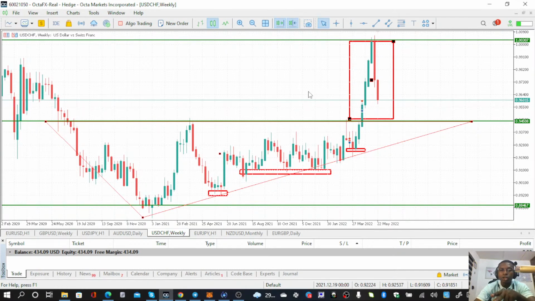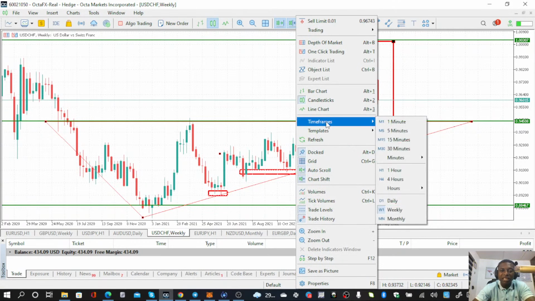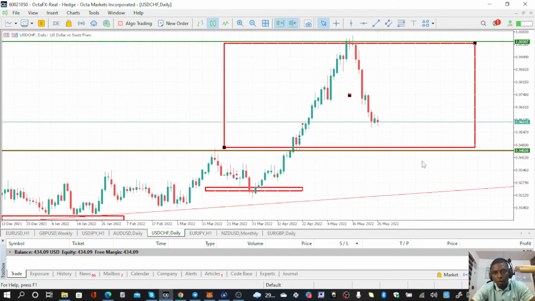So before we enter the trade, let's look at what the daily time frame says. Now, what is the daily time frame saying? You can see here that the daily time frame is telling us that price is creating a choppy movement here.